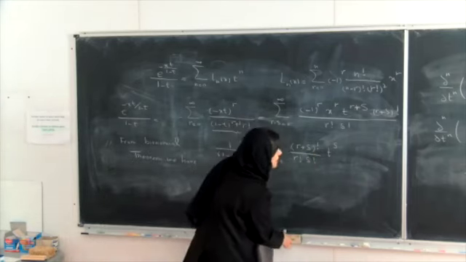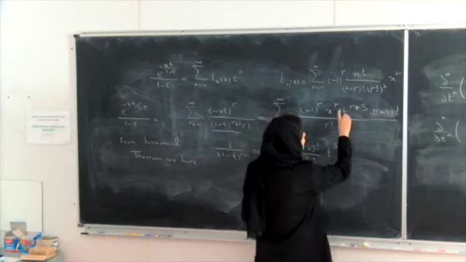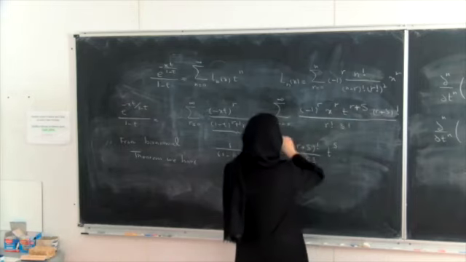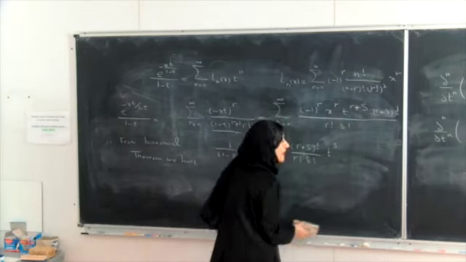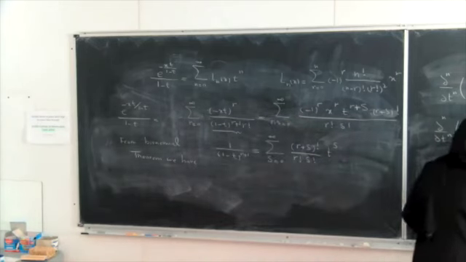Now we want to find the coefficient of t^n in this series expansion, like for the Hermite polynomial.